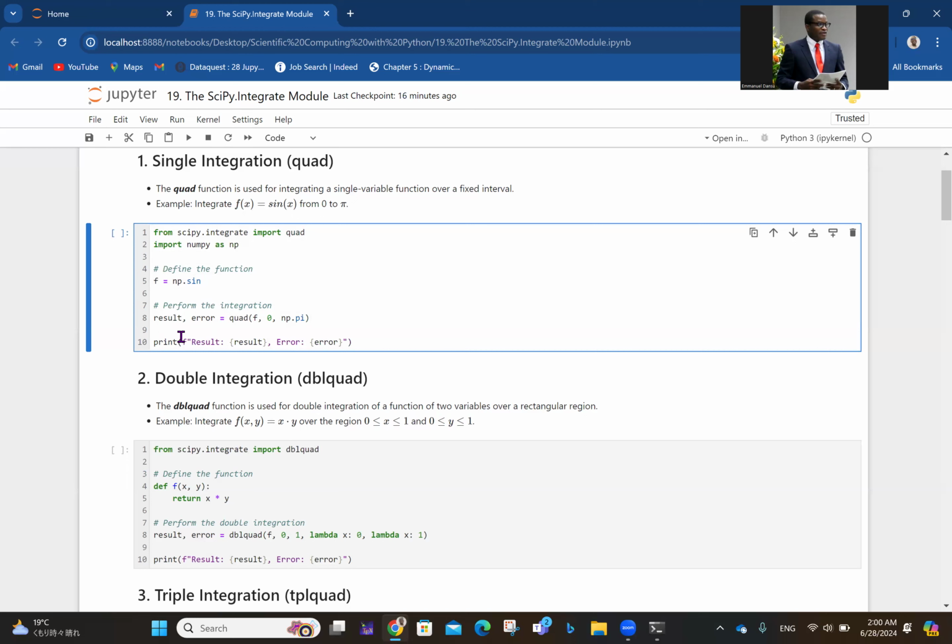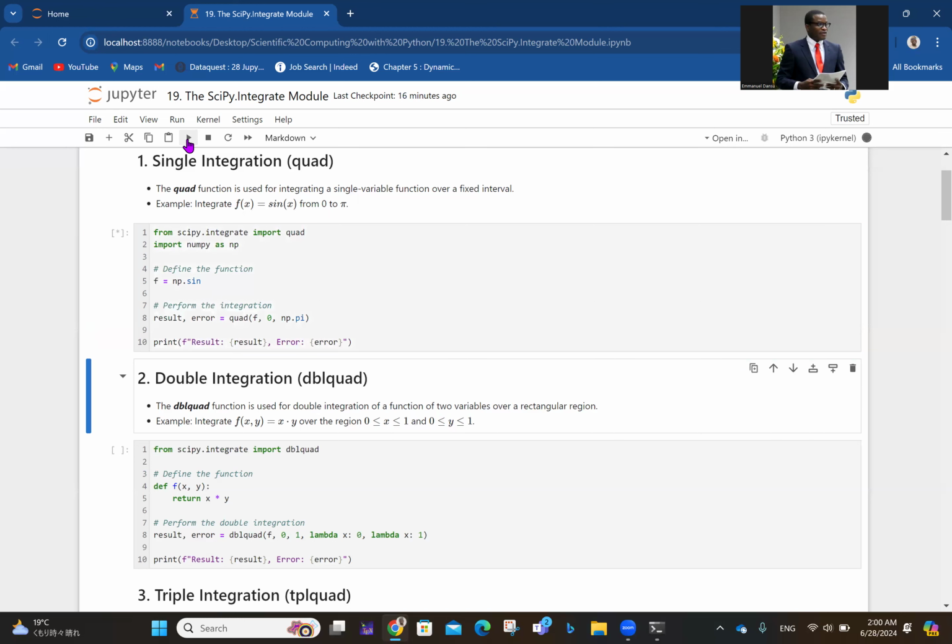We get the actual result of integrating from 0 to pi, and then we get the error. The actual work is happening here: you use the quad function on the function you have defined as f, from 0 to pi as expected, and then in line 10 you're printing the result and the error.